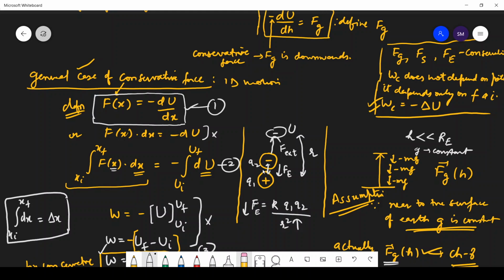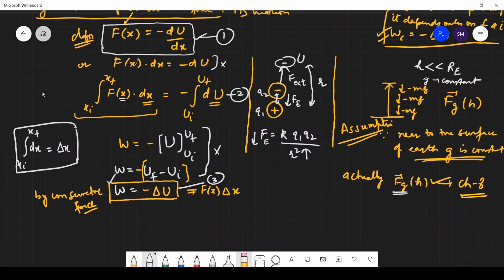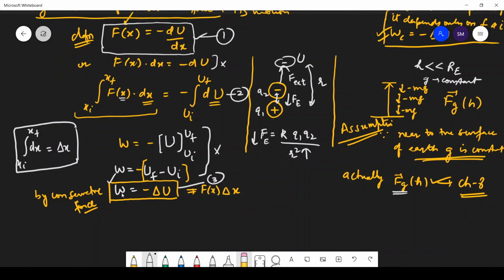So always remember, the job of conservative force is to reduce the potential energy. So work done is negative. Why is the work done negative? Because force and displacement are in opposite directions.